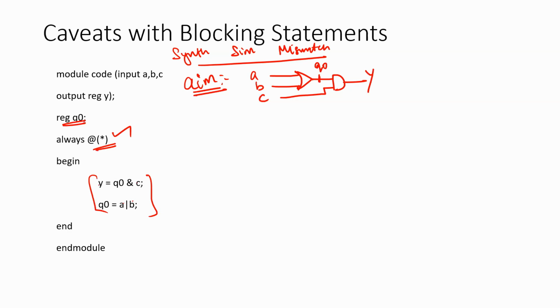Let's see. I am assigning y equal to Q naught and C first. Then I am evaluating Q naught for A or B. That means the A or B evaluated in the previous case. When the always block was entered, Q naught is not evaluated. The Q naught value is the old Q naught value.